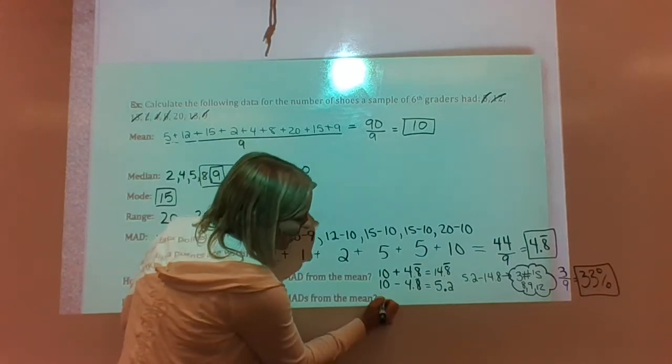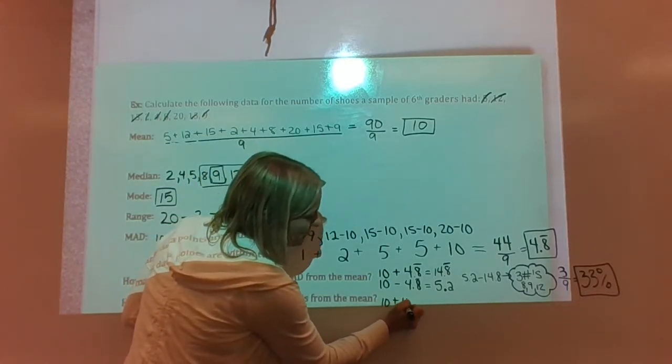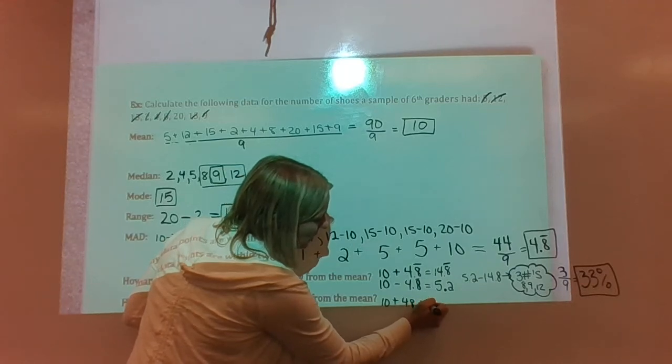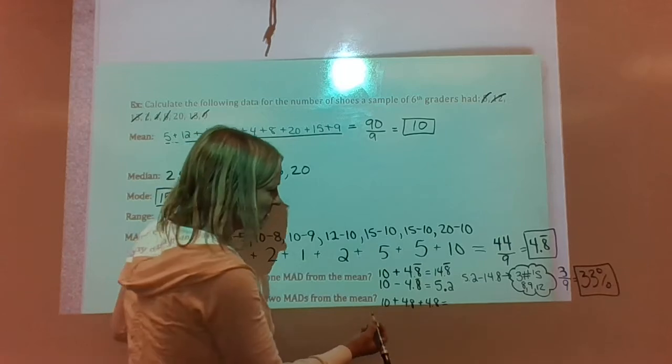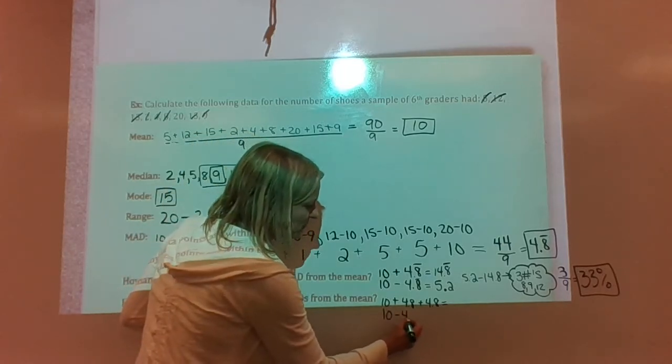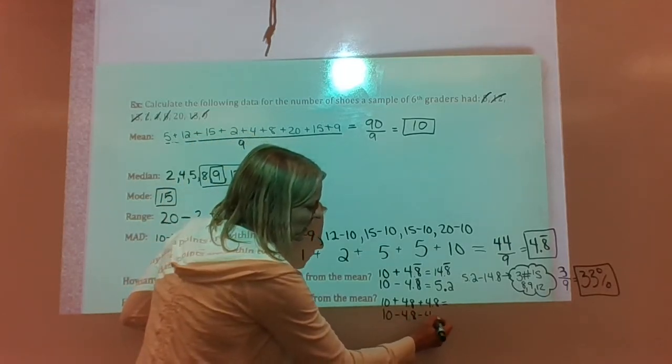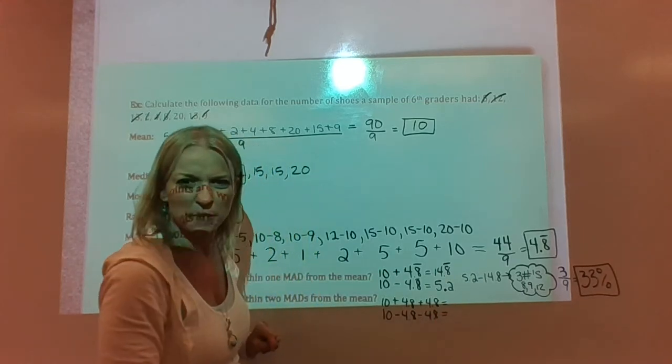So let's add 2 MADs. So let's do 10 plus 4.8 plus 4.8. And then we're going to do 10 minus 4.8 and minus 4.8 again. So we're going to take away 2 MADs.